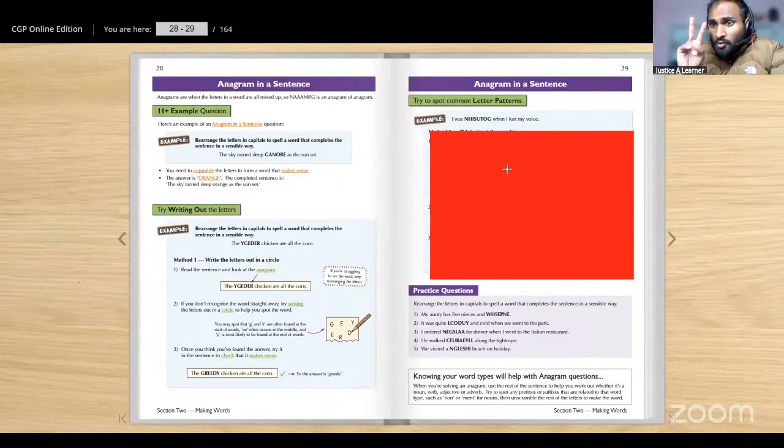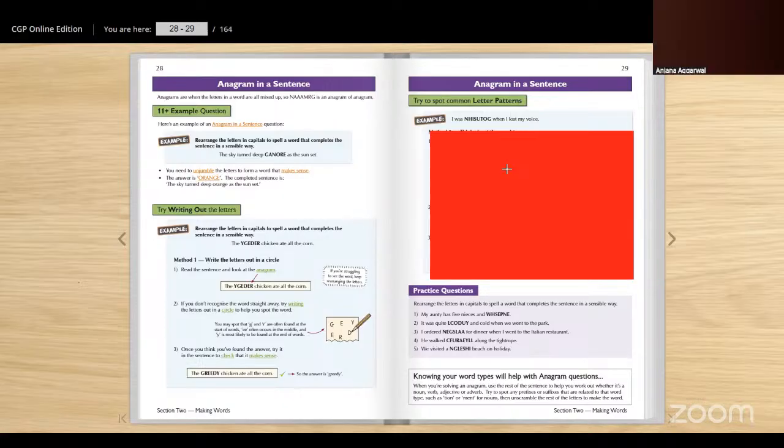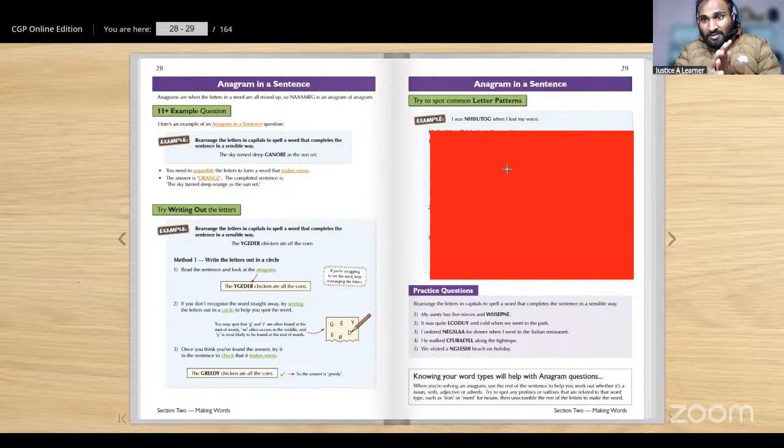So there are two things we need to observe properly. Number one is we need to observe the problem, the question. The sentence would give us a hint what the answer probably would be. In this case, when I lost my voice, I was thinking of something I was doing, like screaming or something like that.